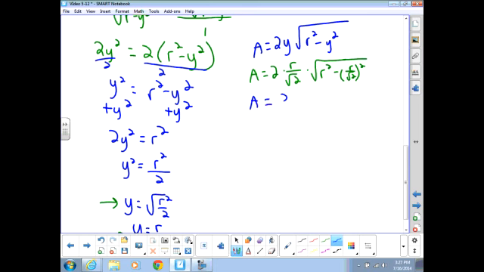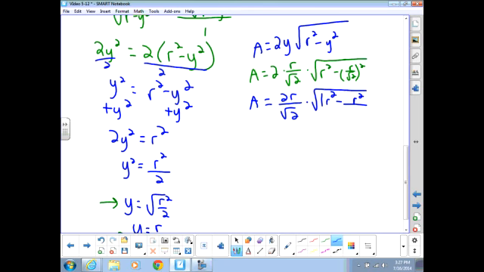This will give us 2r over square root of 2 times, under the radical, I'm going to write it as 1r squared to start, and you'll see why I'm going to do that eventually, minus, we've got to square both things. So we'll square the numerator, and you get r squared.